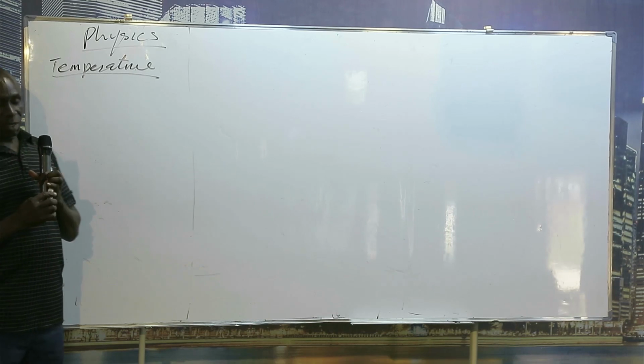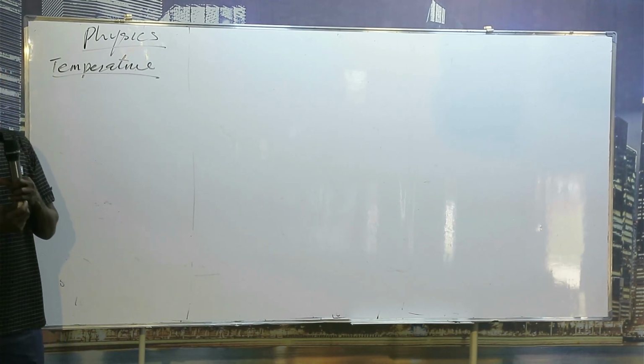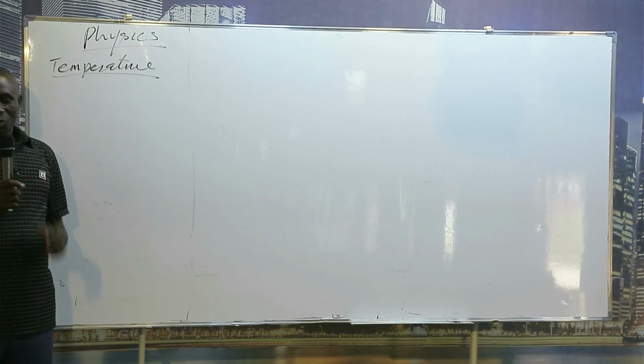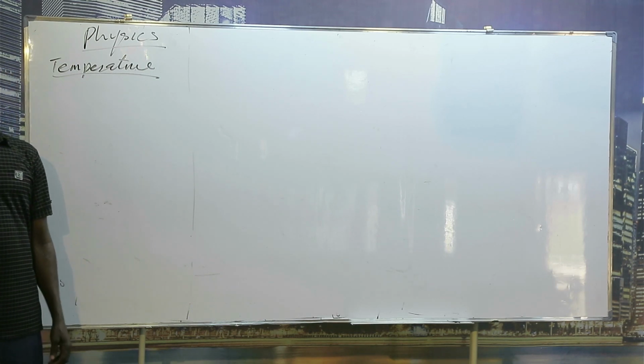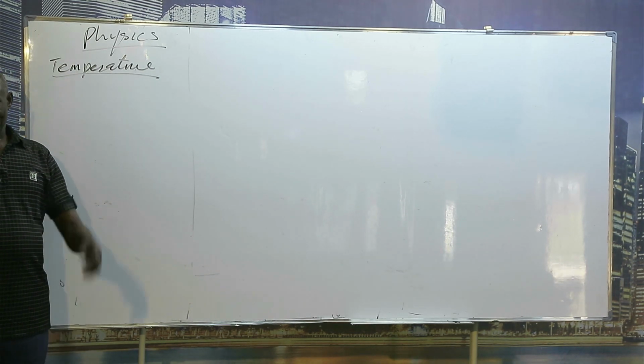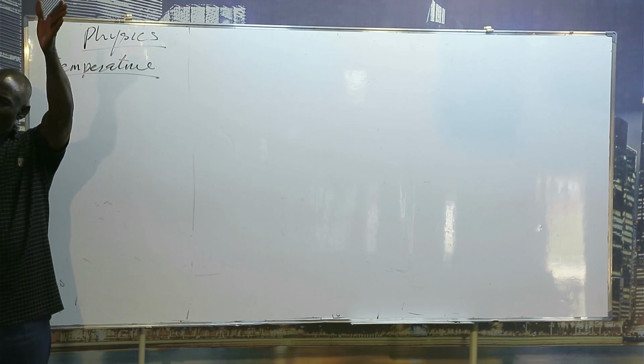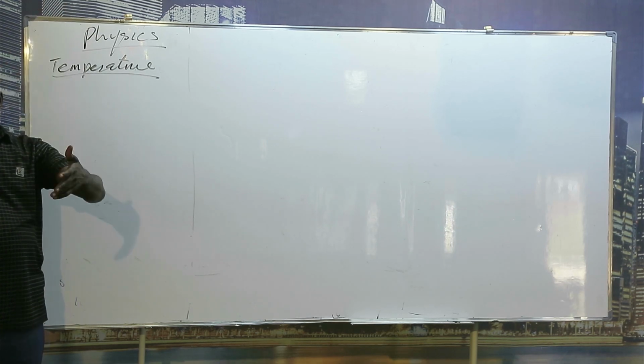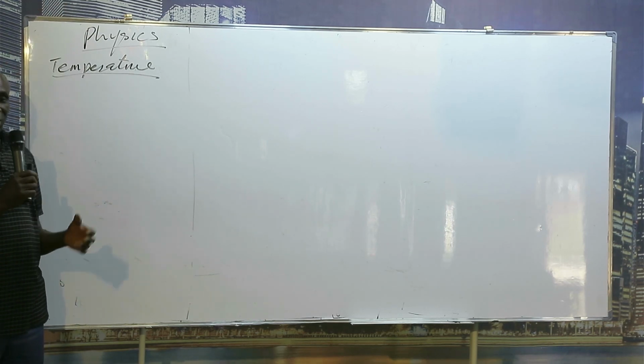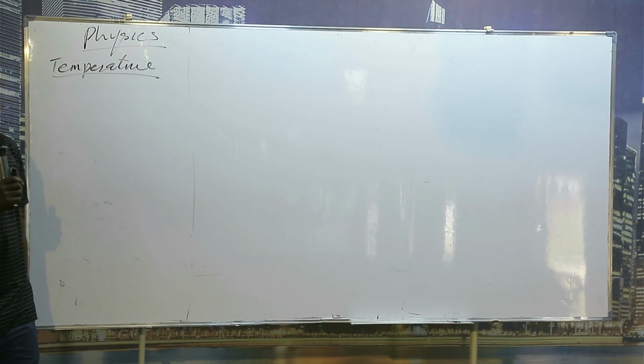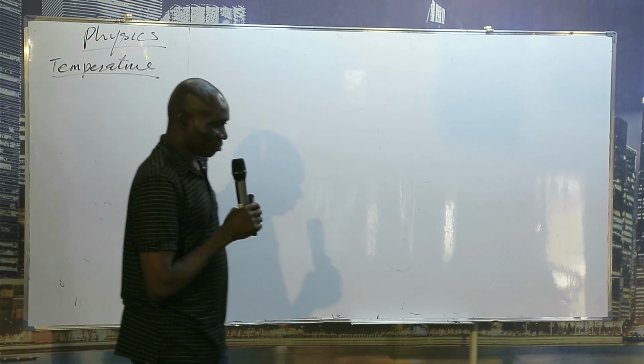So, I believe all of us can define temperature. Am I right? So define temperature for me. It is the degree of hotness or coldness of a body. What is the SI unit of temperature?